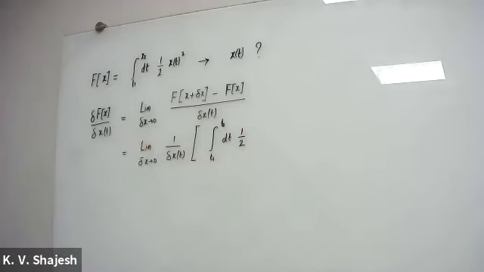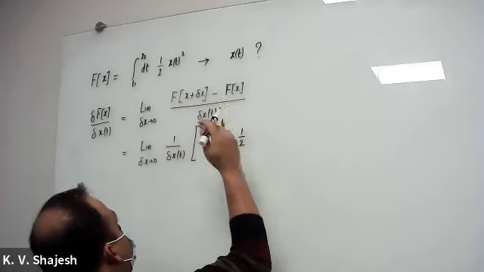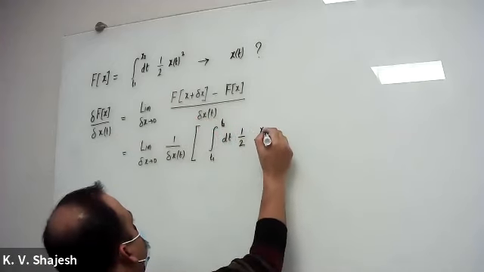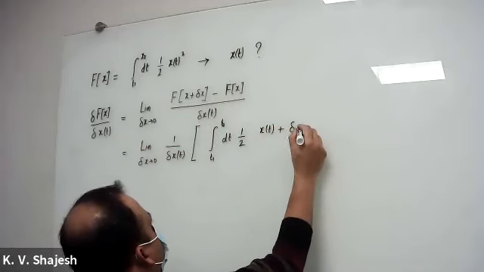Evaluate this, I'm doing t plus delta t, so this is x plus delta x. So this is x as a function of t plus delta x as a function of t.